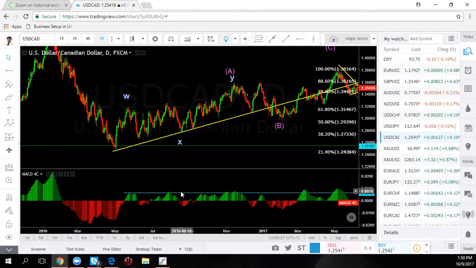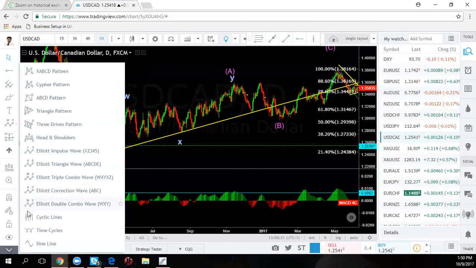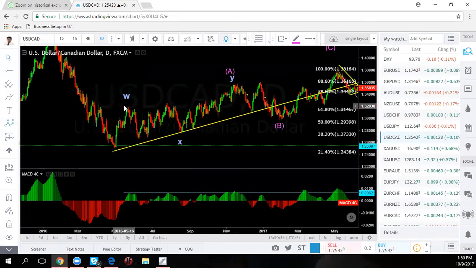So that is one pattern. It means if we have to label this, we will use the classical ABC of a lower degree. So we'll put A. Let me just see if I can grab a lower degree on that.